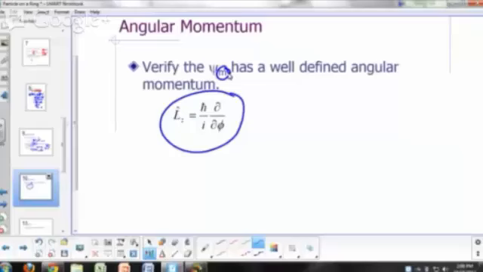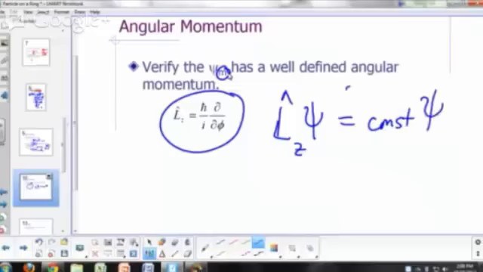How do you verify if a particular property is well-defined? The wave function must be an eigenfunction of that operator. So I apply Lz hat on psi, and I should get back a constant times psi.